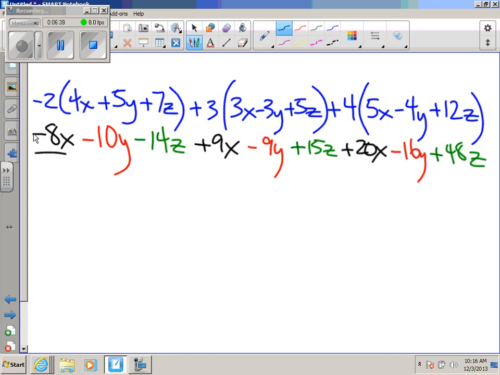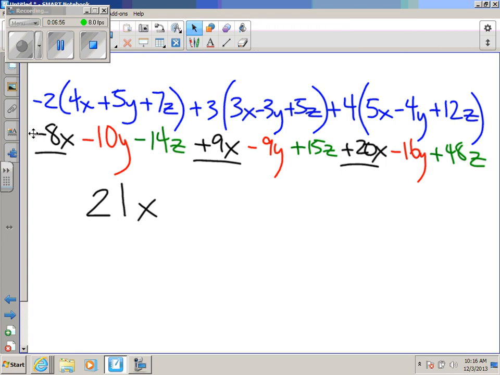Negative 8 with a positive 9 puts us where, Marlia? Yeah, positive 1, right? Positive 1. Positive 1 combined with a positive 20 is a positive 21x. Negative 10 with a negative 9 is a negative 19.